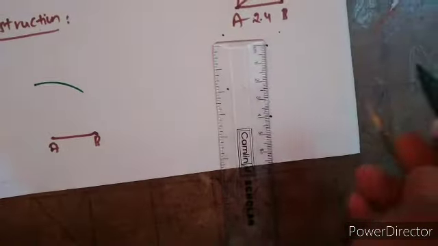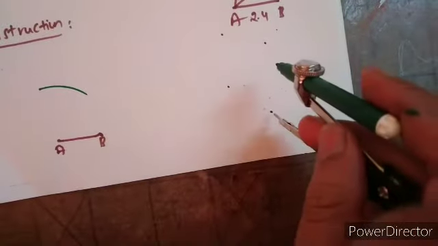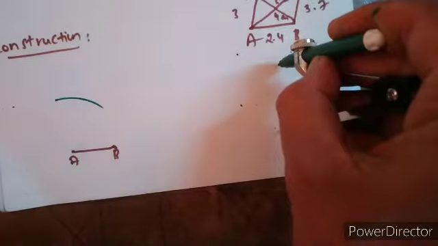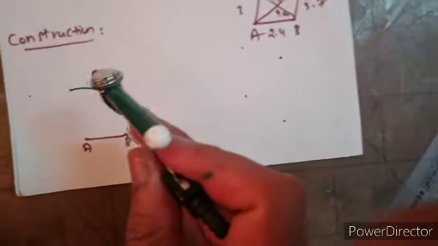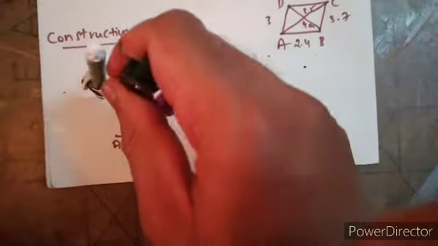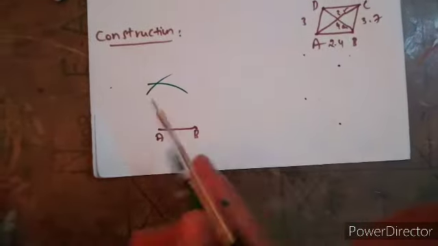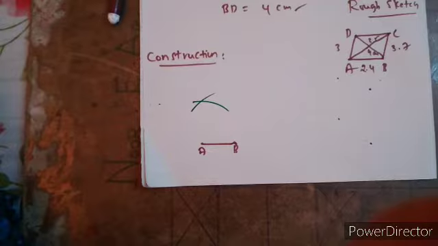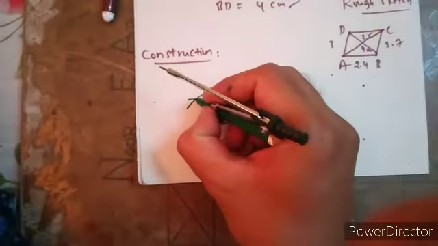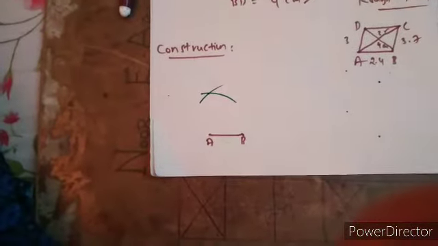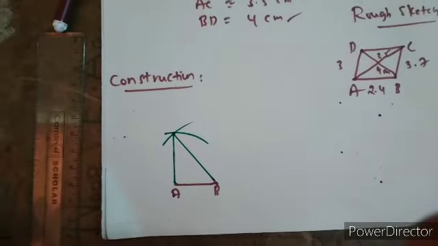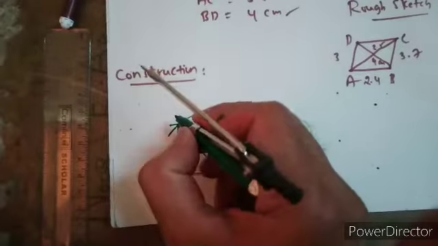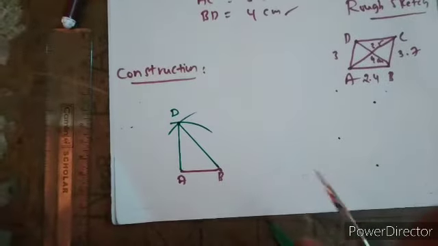This is the 4 centimeters line. You can remove the scale, and as it has the boundaries of 0 and 4, that is 4 centimeters. From point B, you can draw one more arc. Now you have to join these two line segments, this point and this one. So I have joined A, B, and this point would be D.